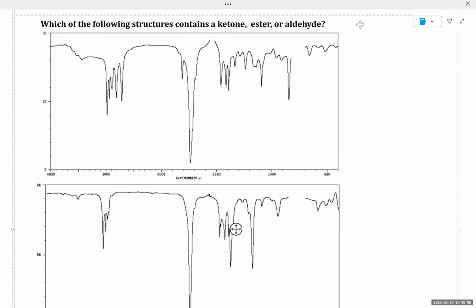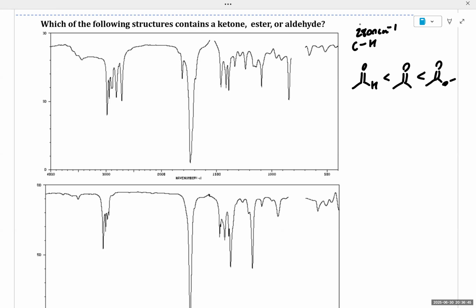As a reminder, in terms of wave number values, as we've discussed, we have aldehydes with the lowest, followed by ketones, followed by esters, which are the highest. Aldehydes also have the CH stretch at 2800 centimeters inverse.